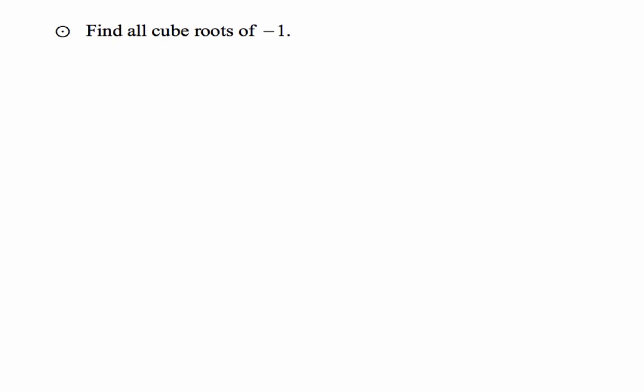Let's look at this problem. We're asked to find all the cube roots of -1. Now, the cube root of -1 can be written as -1 to the 1/3, or you could write it as this. What it means is that if z is the cube root of -1, then when cubed, this should give -1.